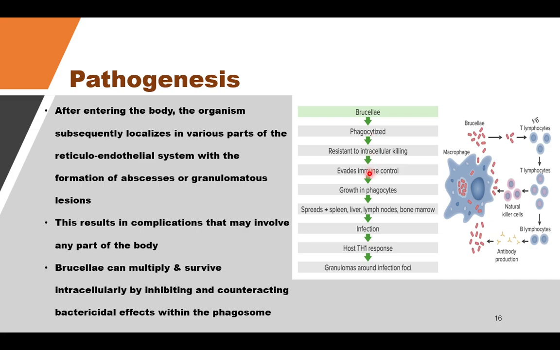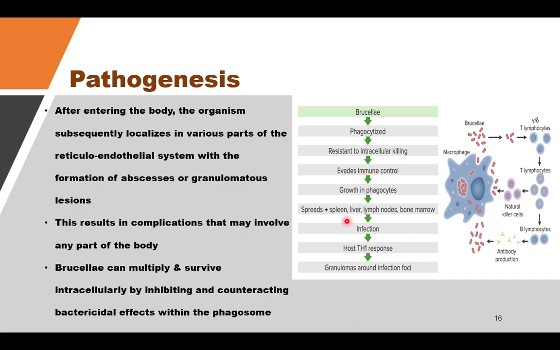But the organism is smart. It prevents the fusion of the phagosome with the lysosome. So instead of the macrophages killing the organism, the macrophages end up being the safe haven in which it is going to replicate and be disseminated through the system. Is that clear? So that's why it's a systemic infection.